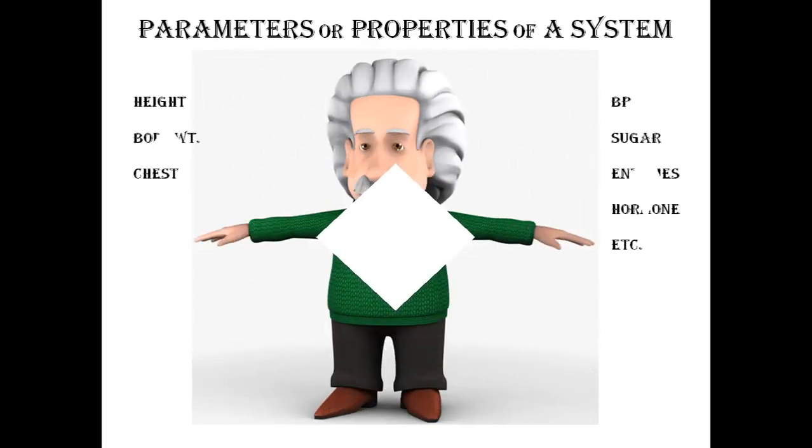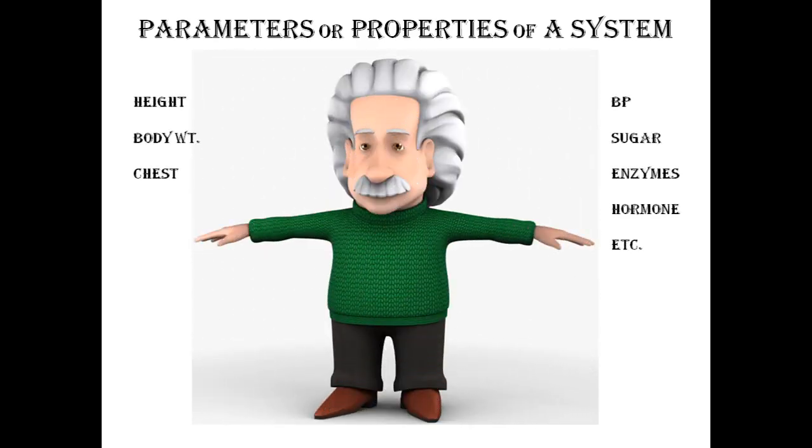Suppose you want to define a human being, you measure certain things: height, body weight, chest, blood pressure, sugar, etc. Eventually you may read that human being's DNA also. So these are the parameters you need to define a particular human being. We need to define a system as well, and to define a system we need some parameters.